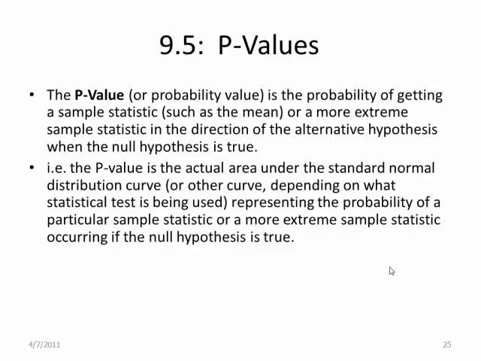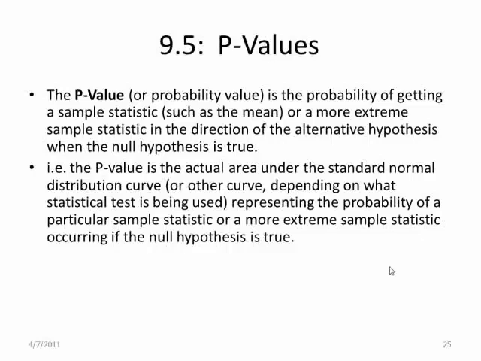So if somebody asks you, what is a p-value, all you have to do is come back and say, it's the probability of seeing that test statistic or something more extreme in the direction of the alternative hypothesis. That's all you have to say, because that's all there is to it.